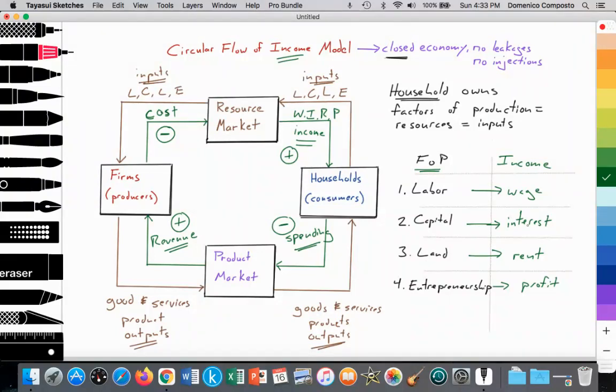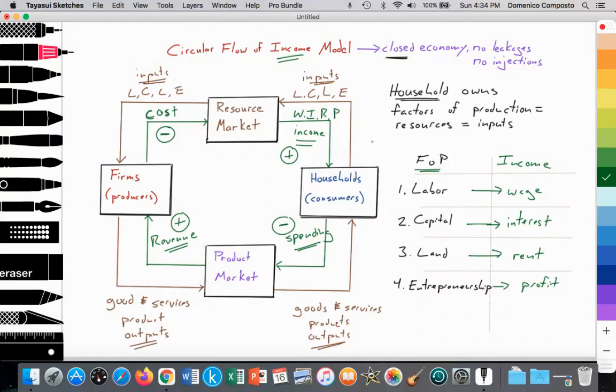Okay, so I'm going to go ahead and analyze this circular flow as we would on a paper exam, and then we're going to take it a step further to introduce a concept in macroeconomics. All right, so let's go ahead and analyze this as we would for a paper exam.